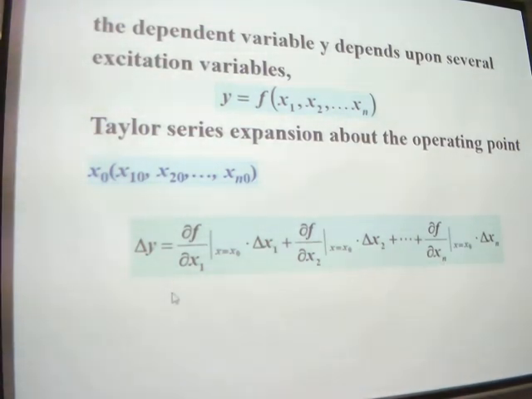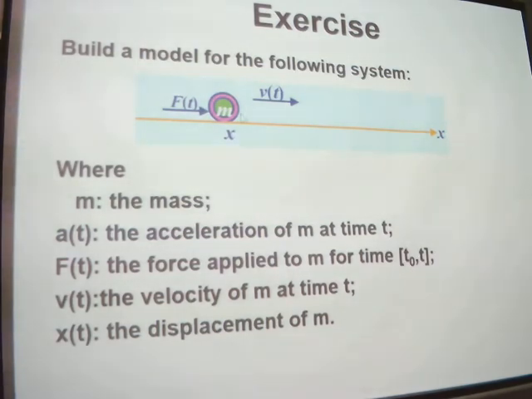Now we can do next. Next we can get these exercises. Build a model for the following systems. Now there is a field. There is a force on the mass or on the small ball. Now make it move forward. Now the velocity is vt and m is the mass and a is the acceleration of m at time t. And then this ft is the force.